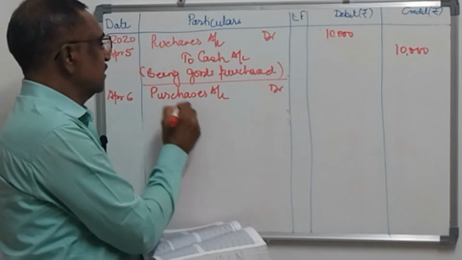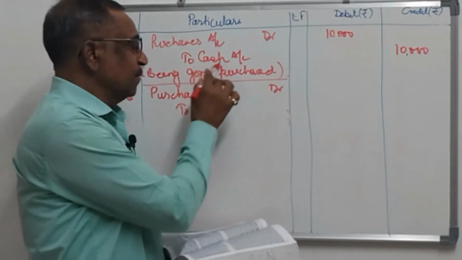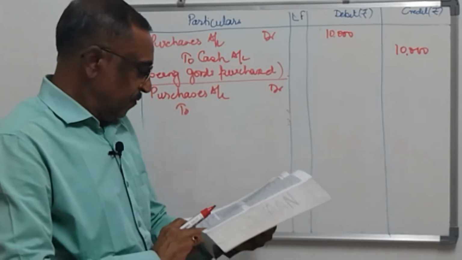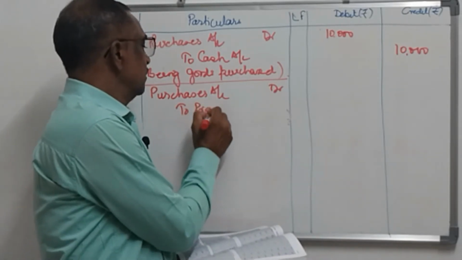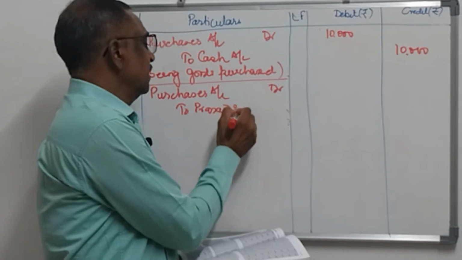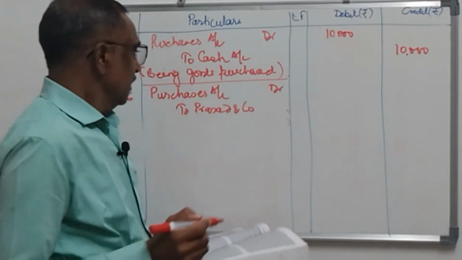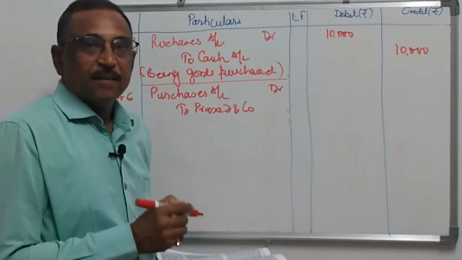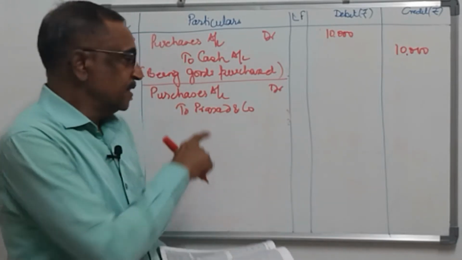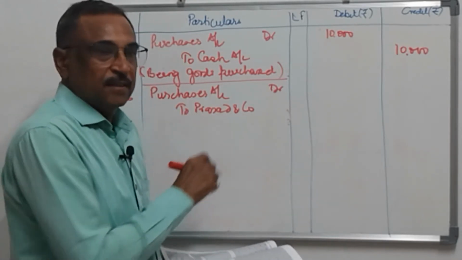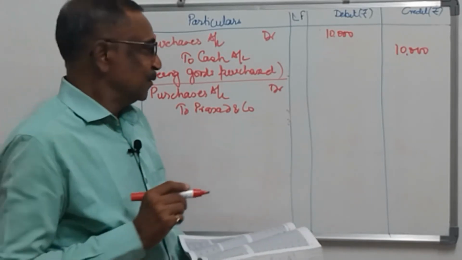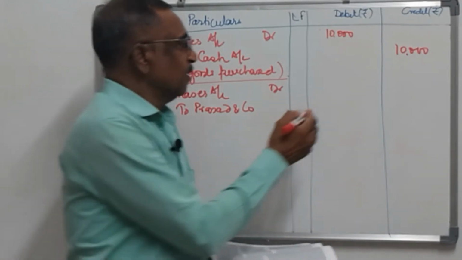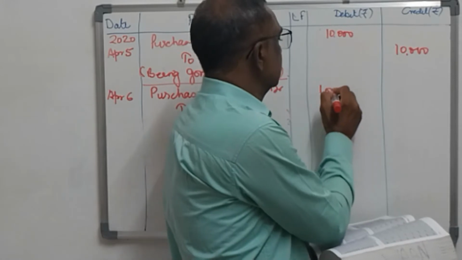And since this is not a cash transaction, goods are being purchased on credit, to Prasad and Company. Credit the giver. It is the company that is giving. Prasad and Company is a personal account. Okay, and the amount is 1 lakh.